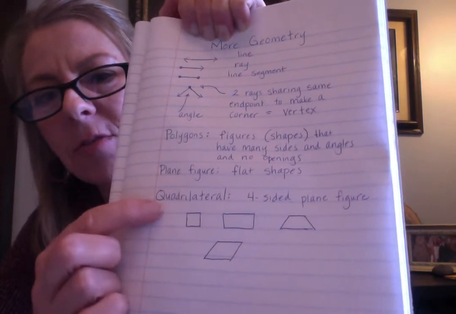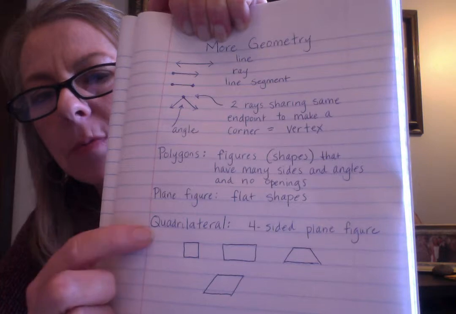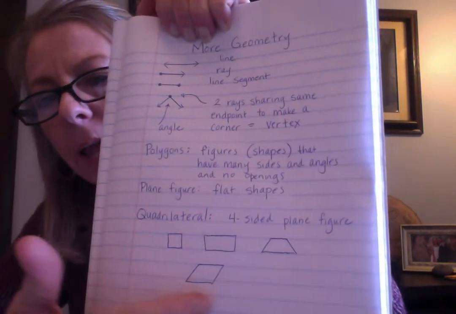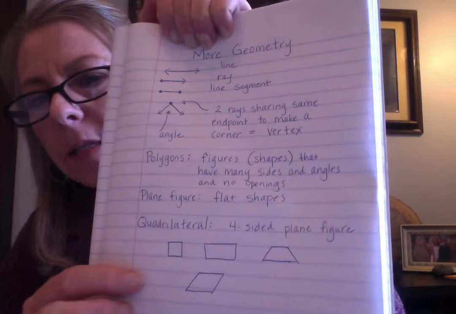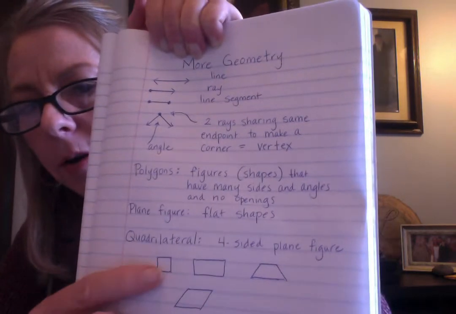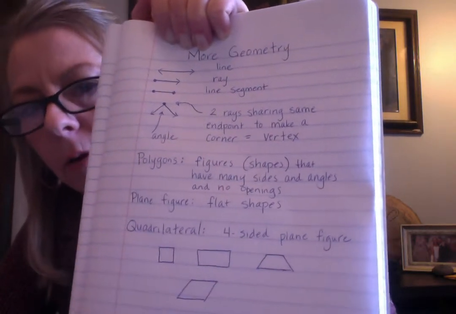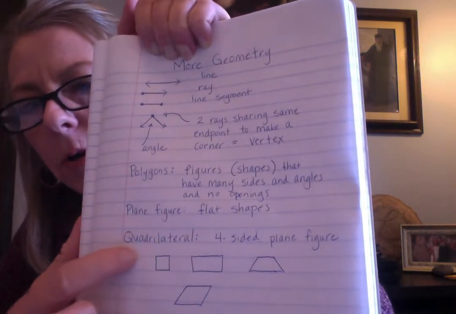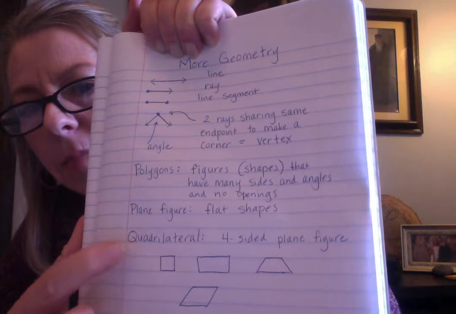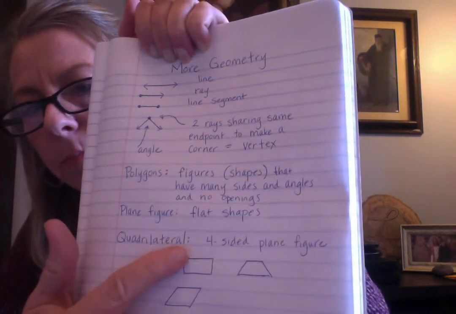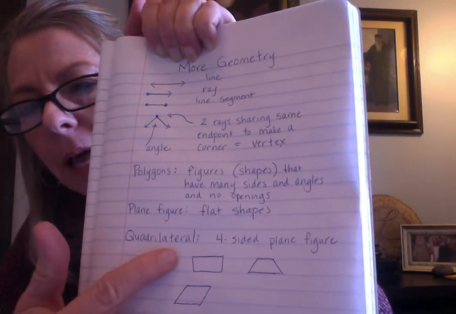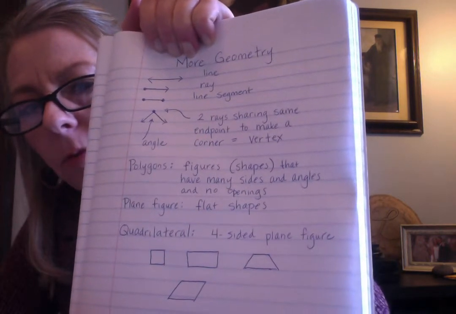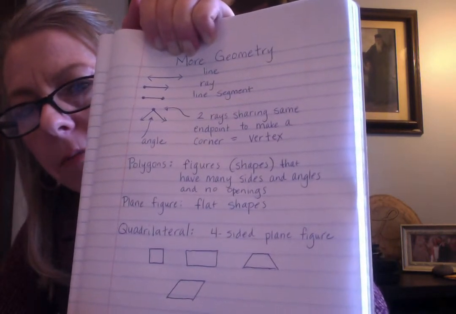Okay, so I want you to get used to that word because a lot of times we'll use this word meaning to have meaning for any of these, but then when we want to talk about a specific kind of quadrilateral, then we'll mention square or rectangle, but you need to know quadrilateral. So this part of the word quad means four, and this part of the word lateral means side. So quadrilateral, four side. That's what it means, four-sided plane figure.